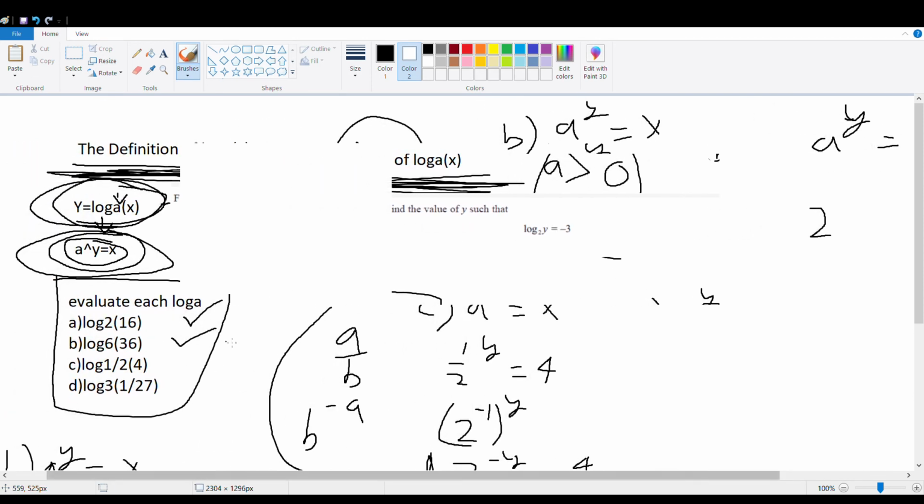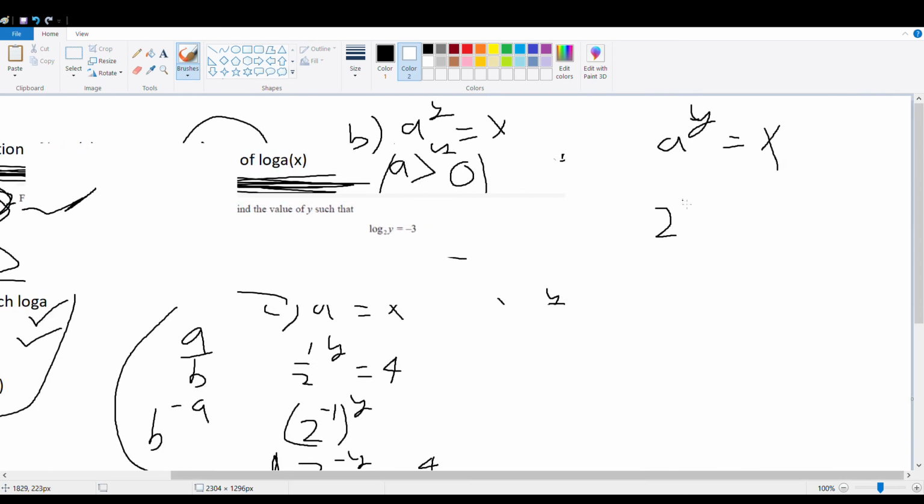But y is actually negative 3, as I'm highlighting right here. Log a equals y, so I'm going to input that right here, negative 3. So it equals y, which is what we are going to find. So there we go, pretty simple.